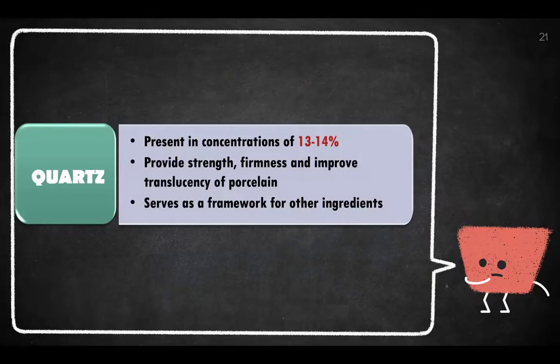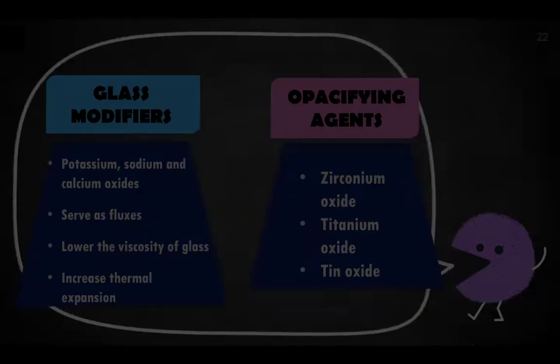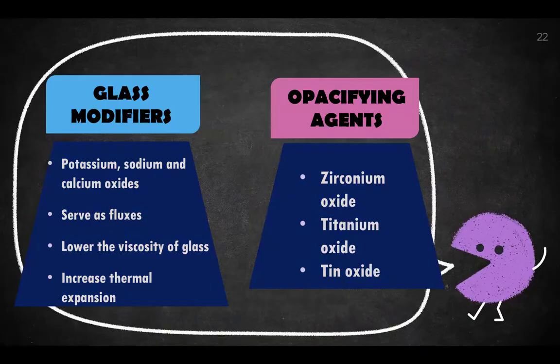Then another major constituent is quartz, to the amount of 13 to 14%. It gives strength, firmness, and translucence to porcelain, and it serves as a framework for other ingredients. Then we have the glass modifiers and opacifying agents. Glass modifiers are the potassium, sodium, and calcium oxides.